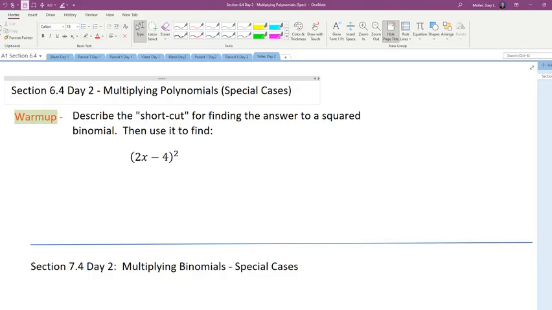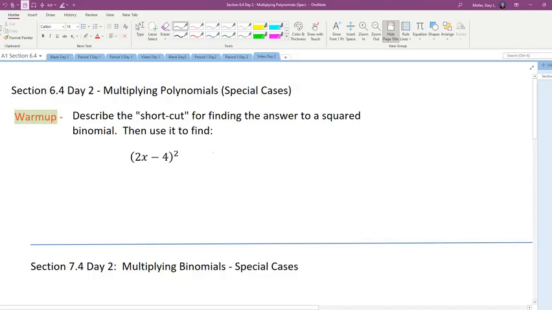So what we learned in our last lesson is I would describe it as you would take 3 steps. You would square the first term. I'm going to skip a step here. I'm going to go down to step 3. You're going to square the last term.